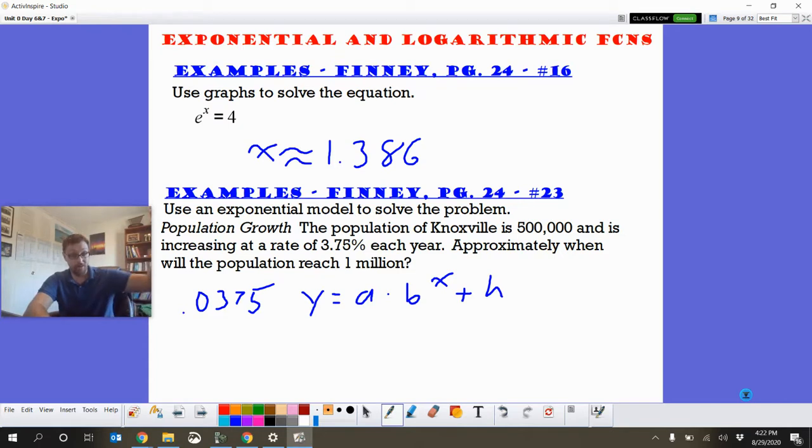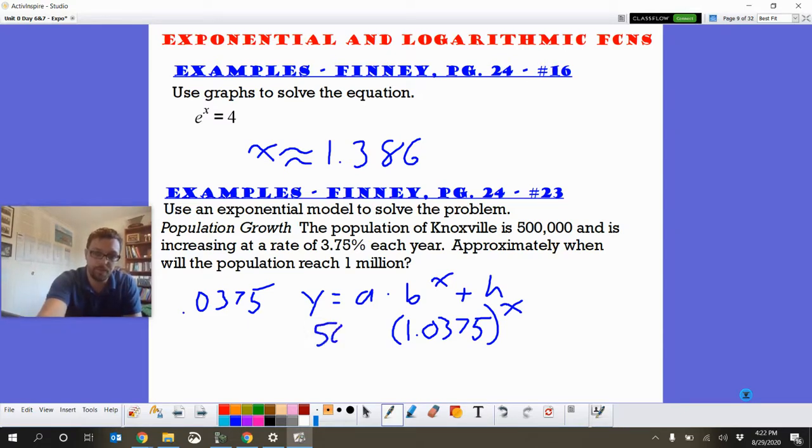We want it to be growing, not decreasing. So we're going to add 1 to that so that it's a number bigger than 1. So it's going to have the population it already had and the additional new people that are growing. So we're going to do 1.0375 to the x. The initial population is 500,000, so we're going to do 500,000 for our initial population, and that equals y.